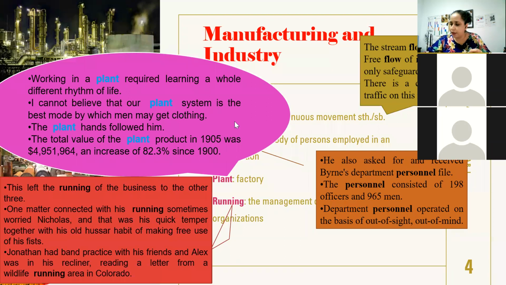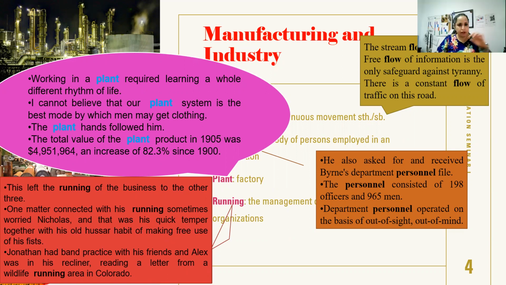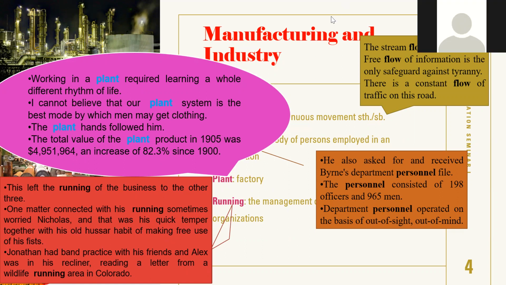This left the running of the business to the other three. One matter connected with this running sometimes worried Nicholas, and that was his quick temper, together with his habit of making free use of his fists.